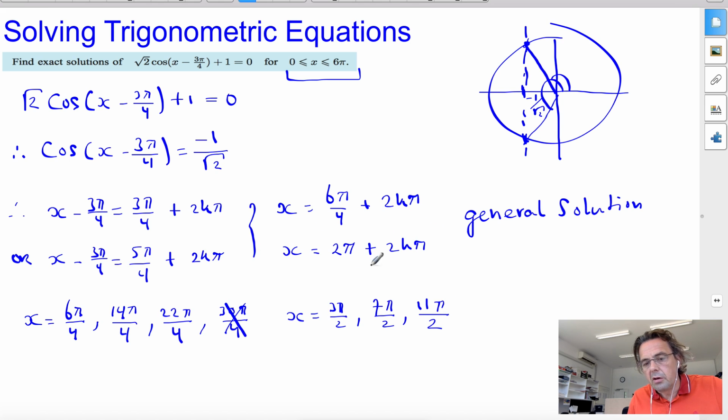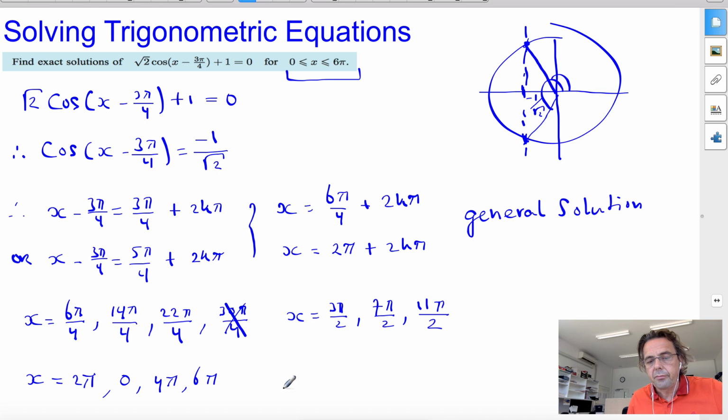This solution here gives us a number of solutions as well. First of all, of course, the solution is that x is 2 pi. But when k is -1, 2 pi take 2 pi is 0, and 0 is inside the domain as well. So 0 is a solution, 2 pi is a solution, 4 pi is going to be a solution, and 6 pi is going to be a solution.